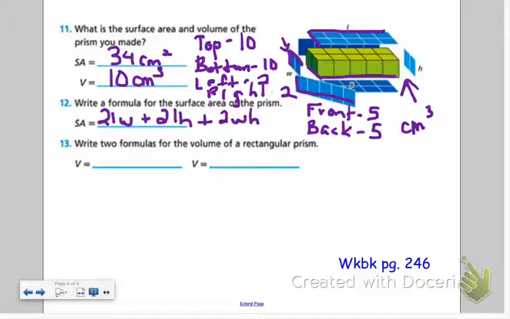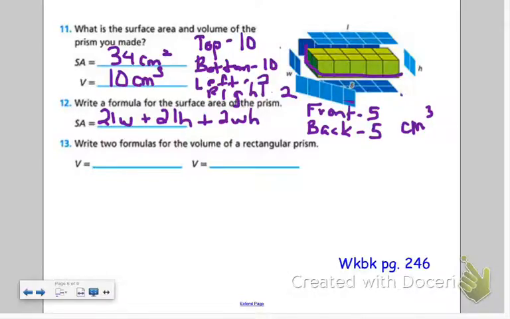Number 13, write 2 formulas for the volume of a rectangular prism. Well, there's actually a very easy way to find the volume of a rectangular prism. Let me just erase this here. So here's the secret. You want to figure out your length, which is 5 in this case, your width, which is 2, and also your height, which is 1.